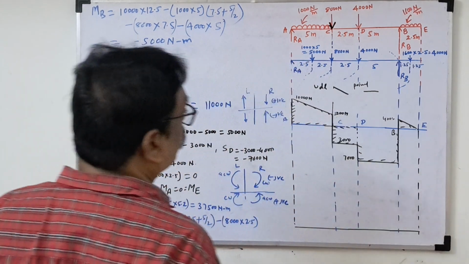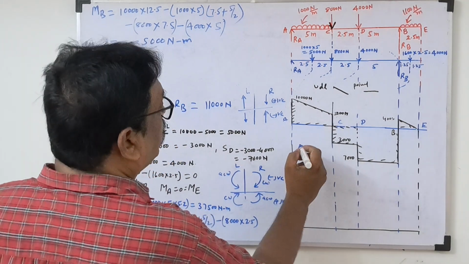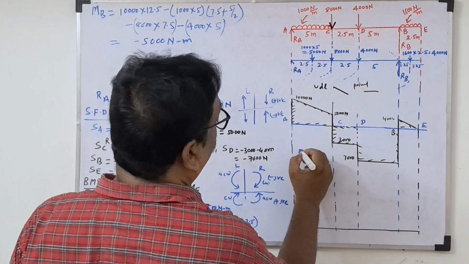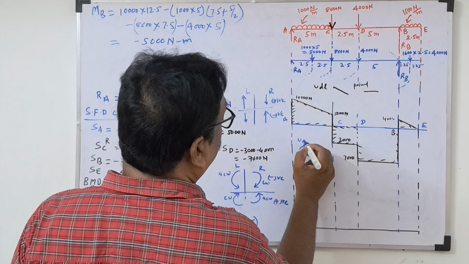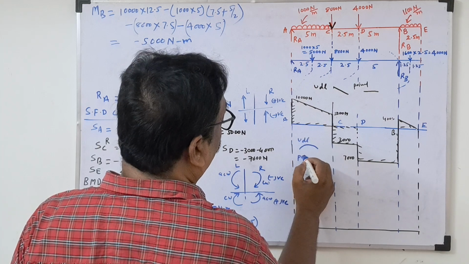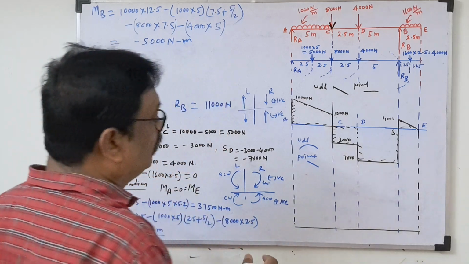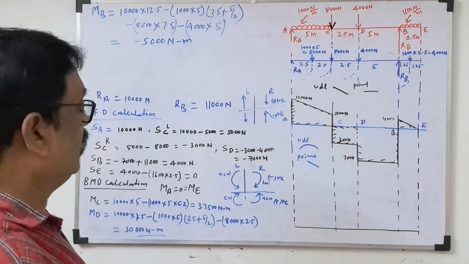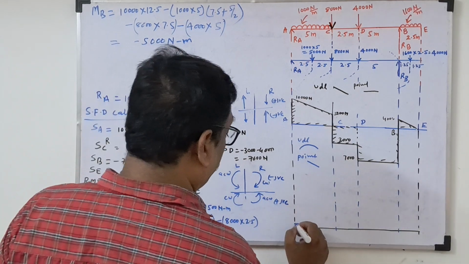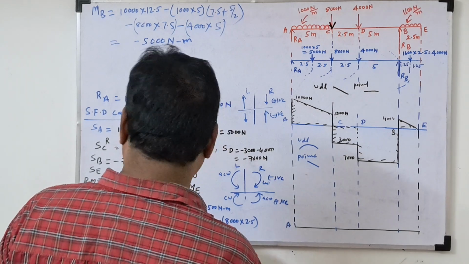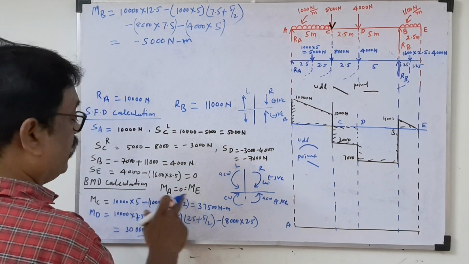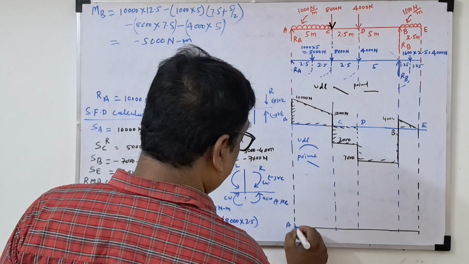So if bending moment diagram we are calculating, UDL is parabola. Point load will be inclined line. If UVL will be there, second degree parabola. So this point A, how much getting MA? 0. So bending moment here is 0.